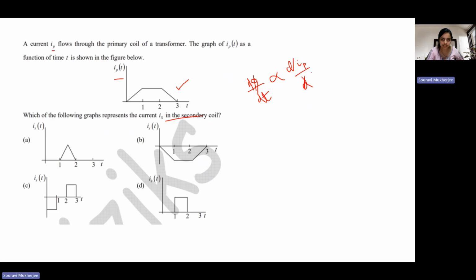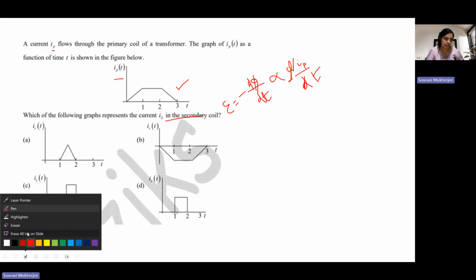Ignore the spikes. And there's a minus sign, right? EMF is minus of d phi dt. So d phi dt is proportional to this, and the EMF, E by R, would be your current, right? So the variation of the EMF will determine the variation of the secondary current. So this is proportional to minus of di dt.